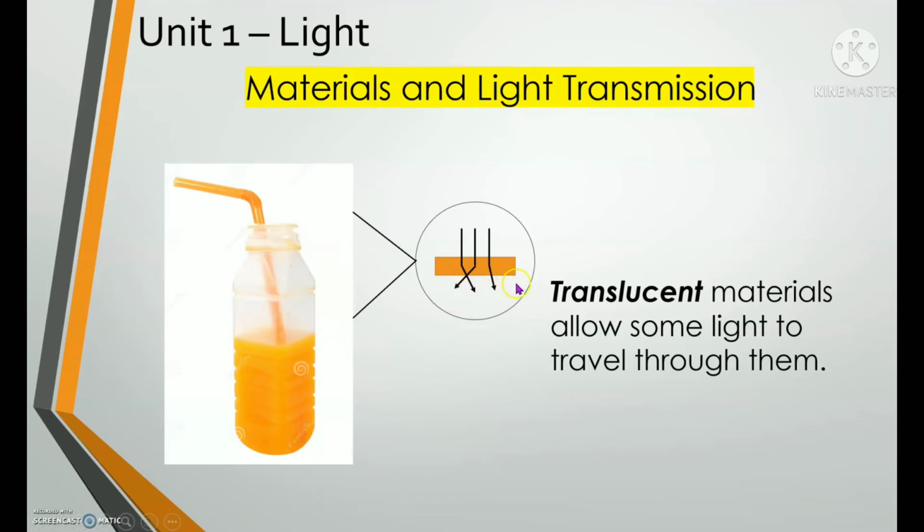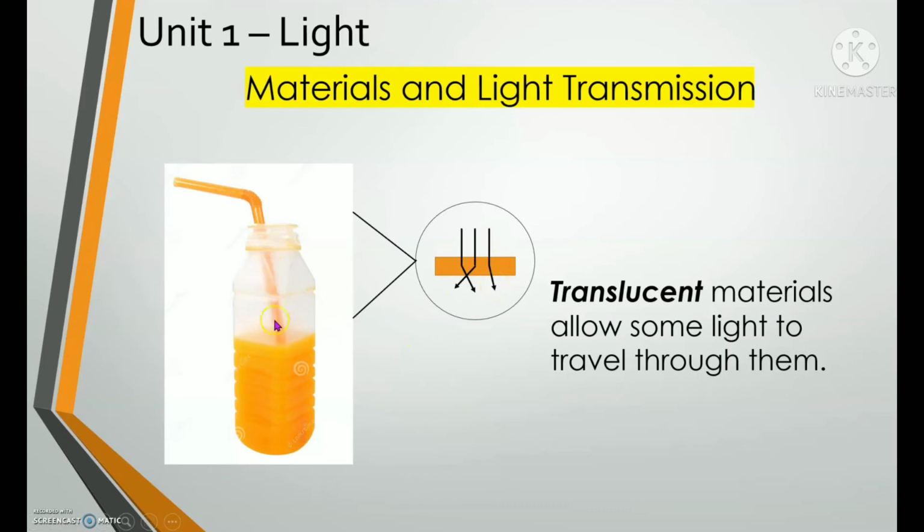As we can see in this picture, this is the surface of a translucent material, and these are the light rays. As you can see, the light is not transmitted directly. The light has been bent.